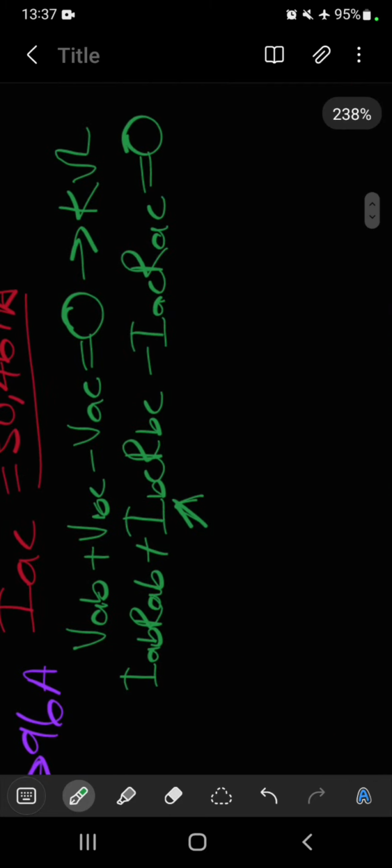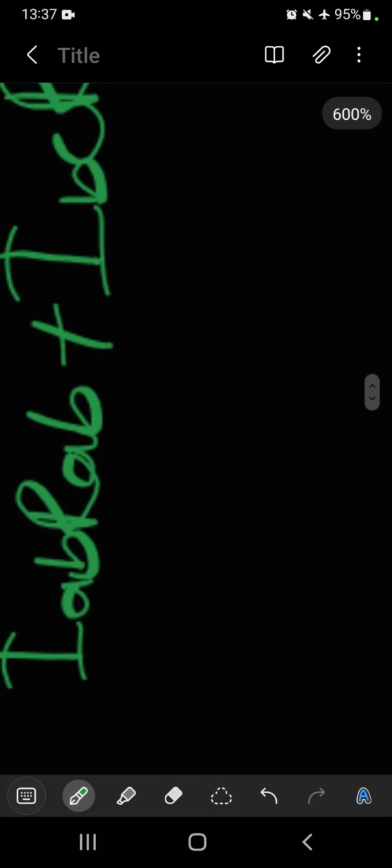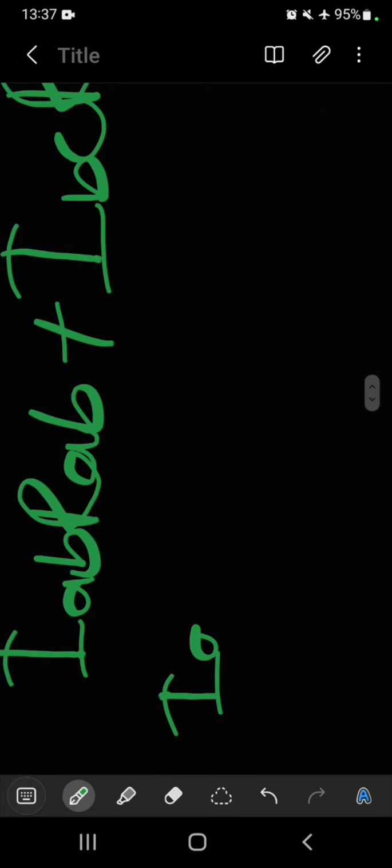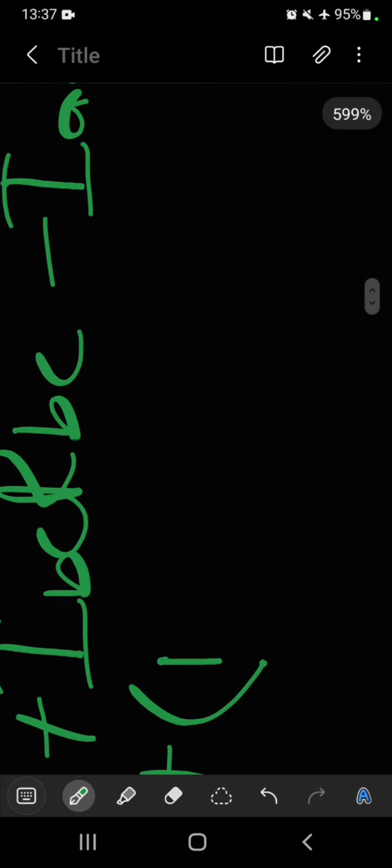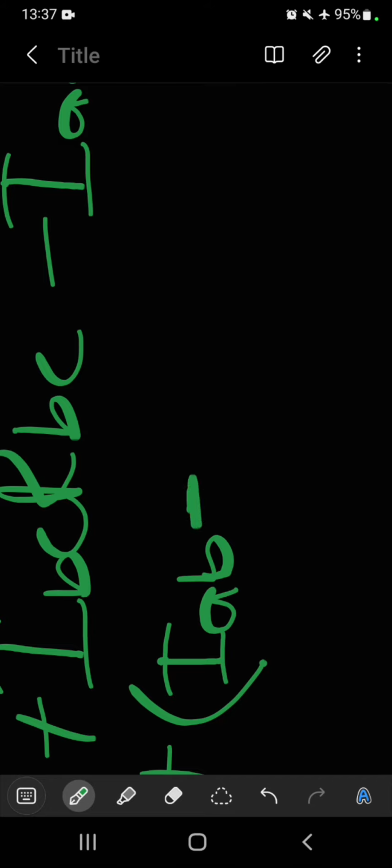Meaning here we're still gonna have IAB, right? So we're gonna have IAB RAB. I'll substitute the values later. Plus, now instead of IBC, we're gonna have IAB minus our IB is 74.